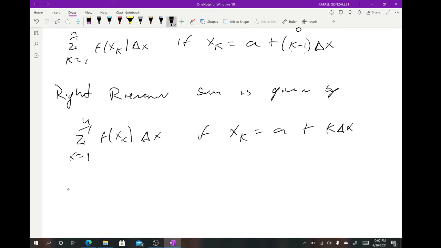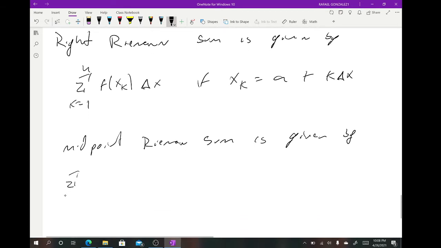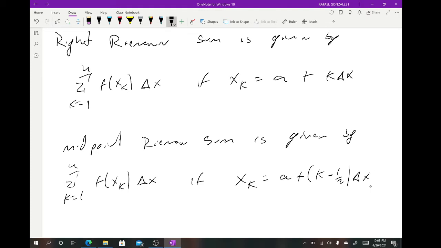And finally, the midpoint Riemann sum is given by the sum for k from 1 to n of f of xk times delta x if xk is equal to a plus k minus 1/2 times delta x.